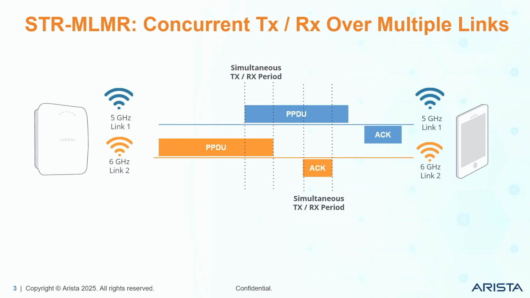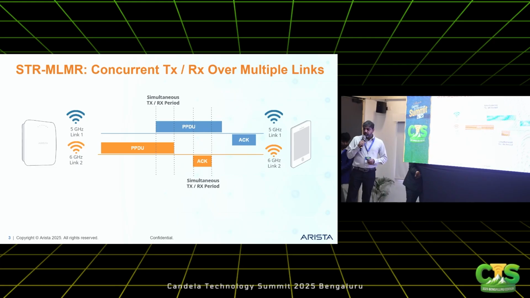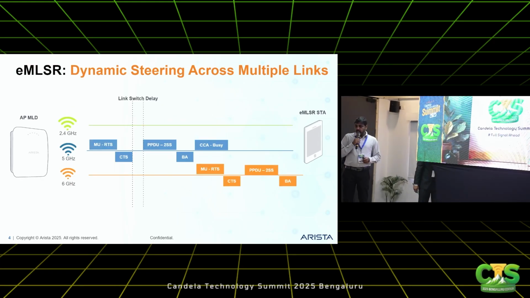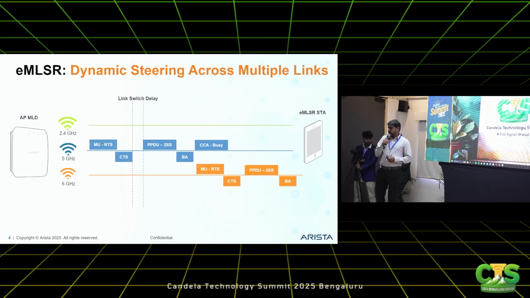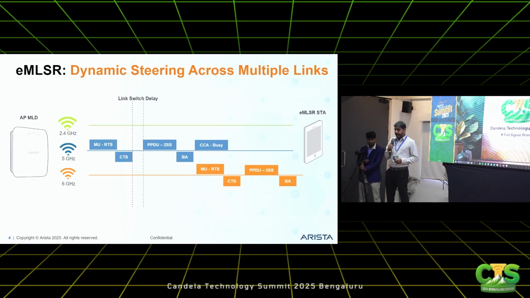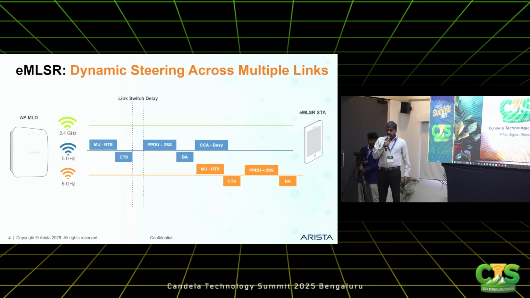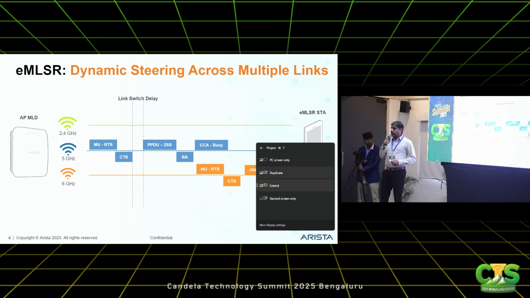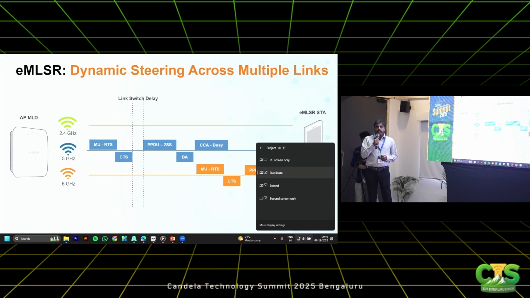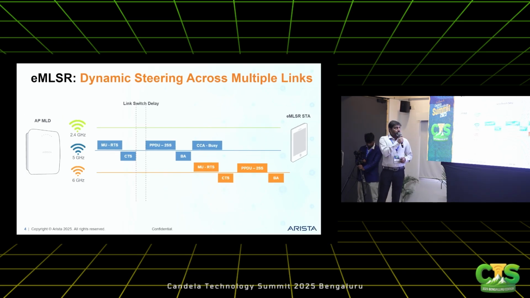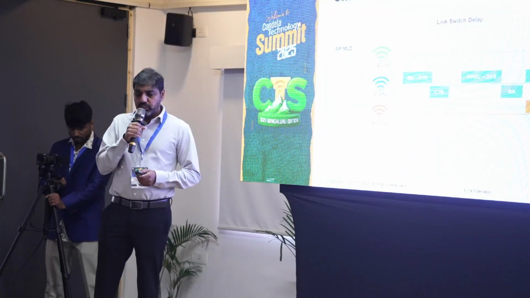From an MLO standpoint, STR MLMR, we already know it's a concurrent operation. It gives us the aggregation benefit. Another practical mode is EMLSR. STR MLMR gives you the aggregation benefit, and EMLSR gives you the latency benefit.